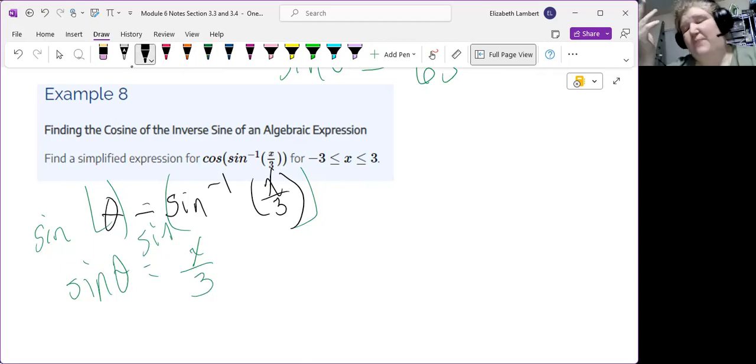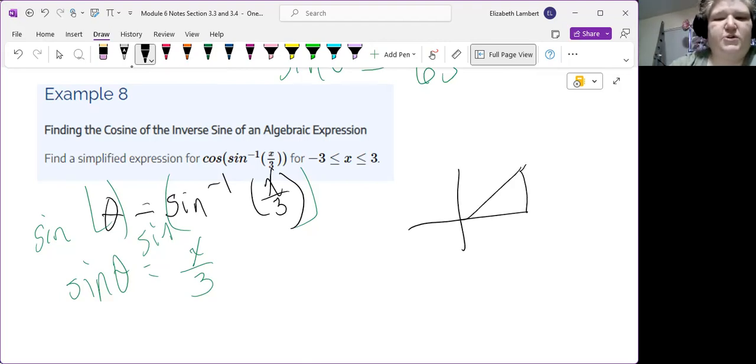Now, I don't know if this is positive or negative, but I'm going to start up in quadrant 1 just to get a feel for this. So sine is opposite, which we have called x, even though that's a vertical distance, just to be extra weird. And then 3 is our hypotenuse. And then they're asking for the cosine, so now we need to solve for the third side.